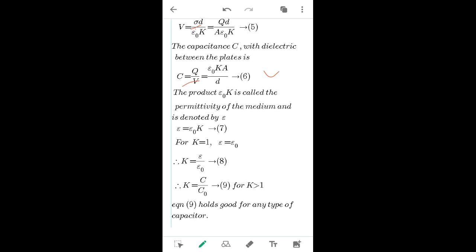Now the product of these two is called the permittivity of the medium, and it is denoted by epsilon. So epsilon is equal to epsilon naught K.